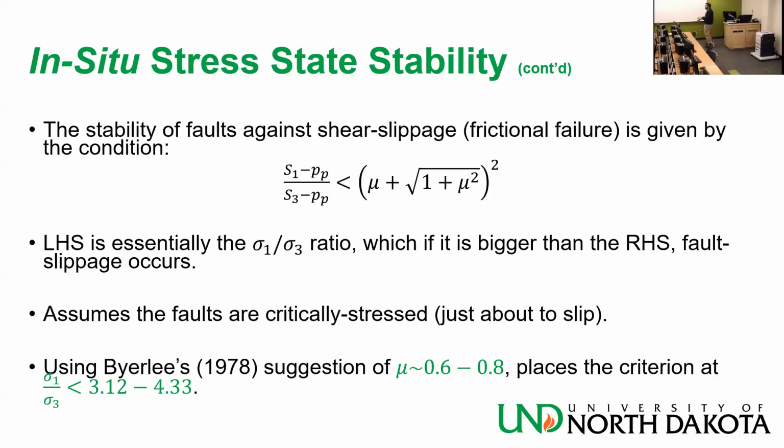How realistic do you think that is? And I would say in large scale rocks, it's assumed to be quite realistic because of the Barton and Zoback 1995 critical faulting stress hypothesis.